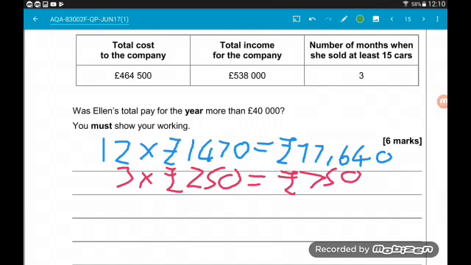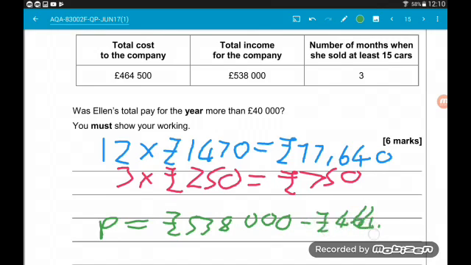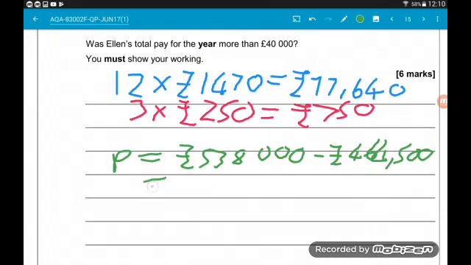So the profit is 538,000 minus 464,500. So, if you smash that in your calculator, you will get 73,500.